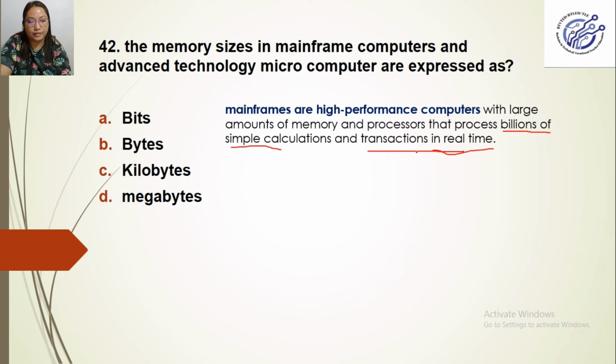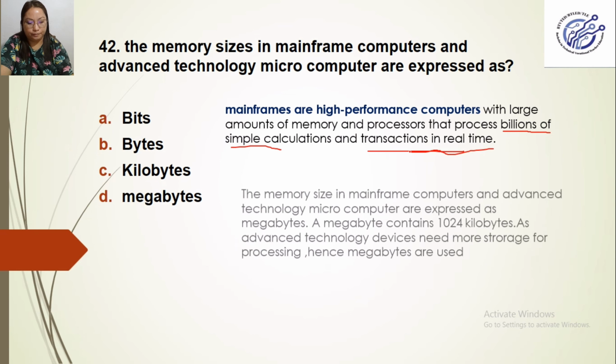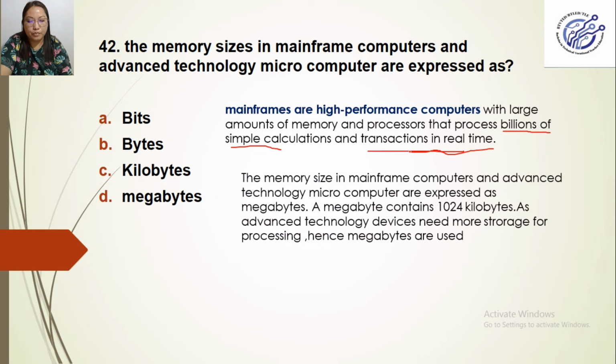So, hindi din po siya basta-basta na computer. So, the memory size in mainframe computers and advanced technology microcomputers are expressed as megabytes. A megabyte contains 1,000 kilobytes. As advanced technology devices need more storage for processing, hence megabytes is used.